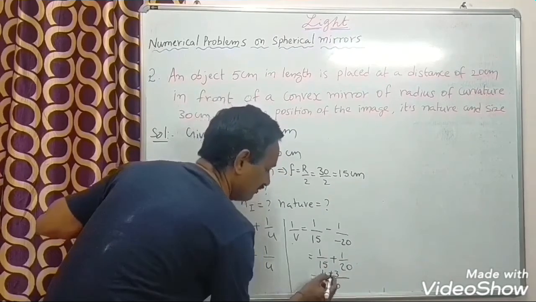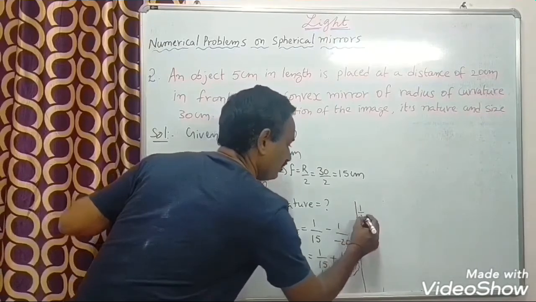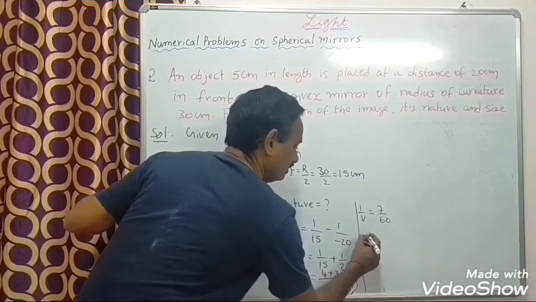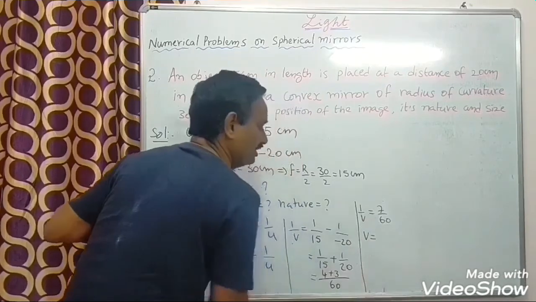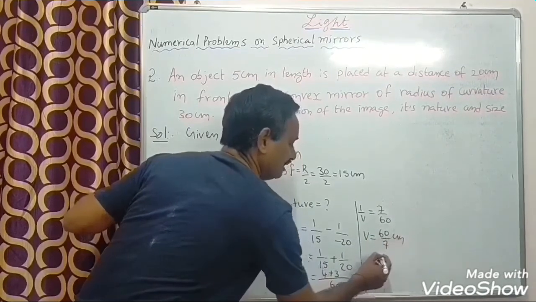So I got 4 plus 3 by 60. So 1 by v equal to 7 by 60. That means v equal to 60 by 7 centimeter.